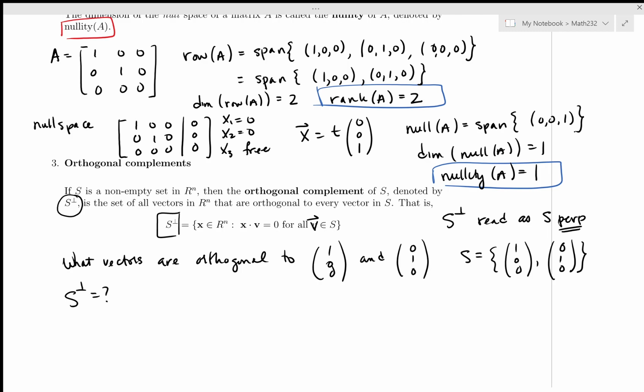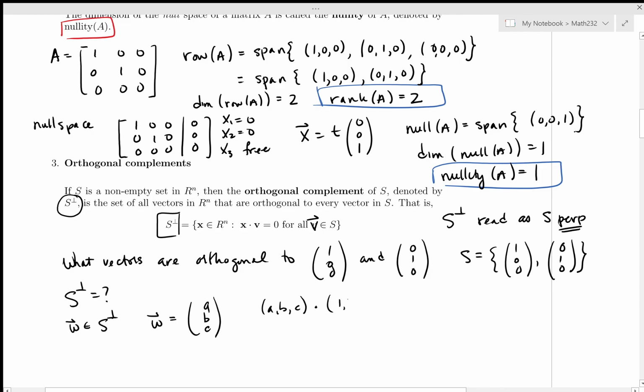Basically, I want to find vectors, let me call them W, that are going to be in this set, and they're going to look like (a, b, c). They are going to be such that (a, b, c) dot (1, 0, 0) is 0, and (a, b, c) dot (0, 1, 0) is equal to 0.